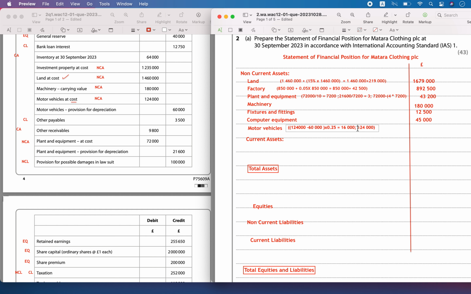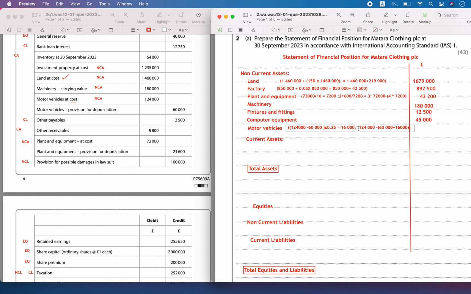So it is 124,000 minus 60,000, which is the depreciation, plus this year's depreciation you add. That gives the total depreciation charges.